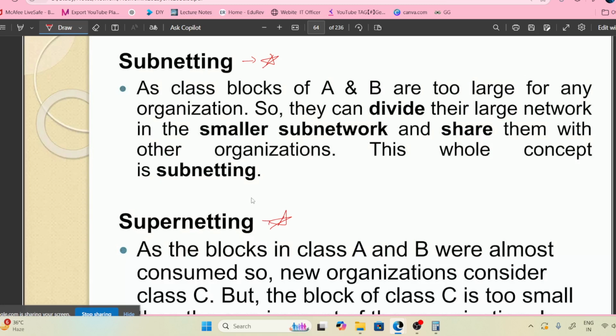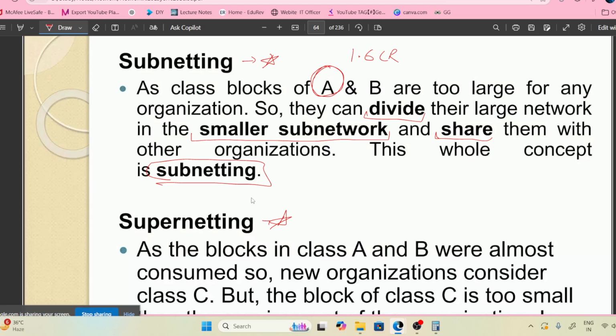As blocks A and B are too large for any organization, they can divide their large network into smaller subnets and share them with other organizations. The whole concept is subnetting. Let's suppose I have assigned a class A IP address, which has 1.6 crore IP addresses, which is very, very large.